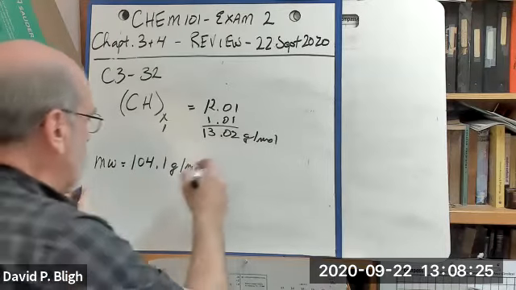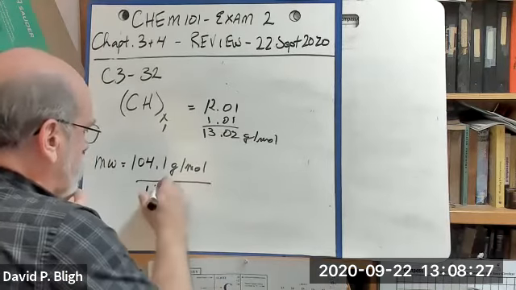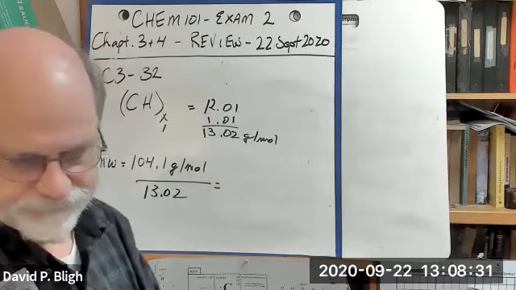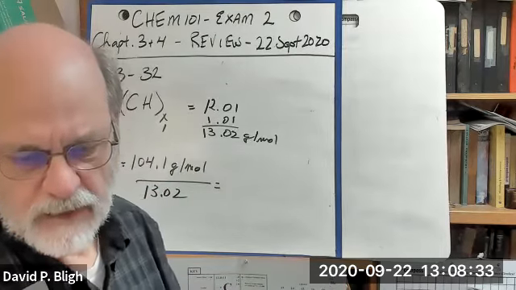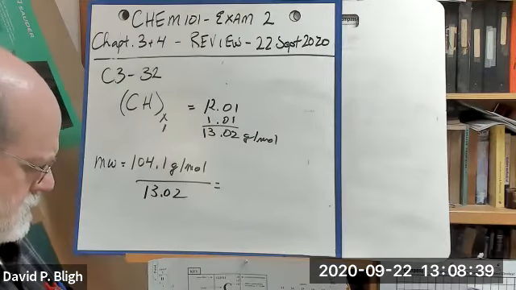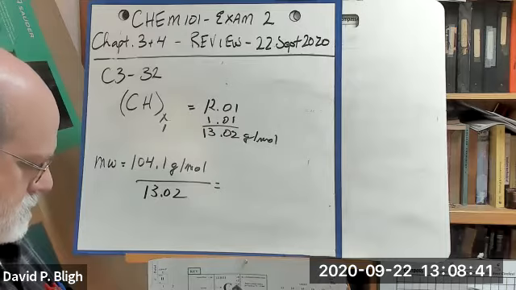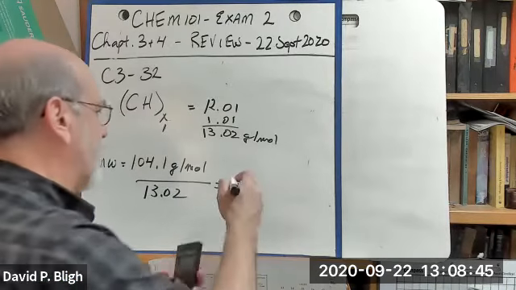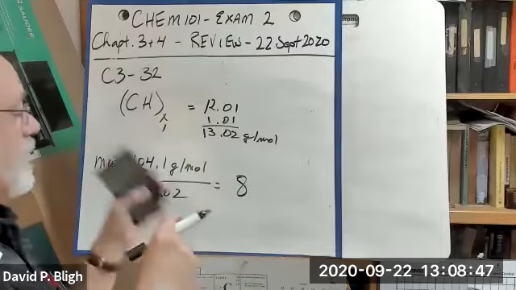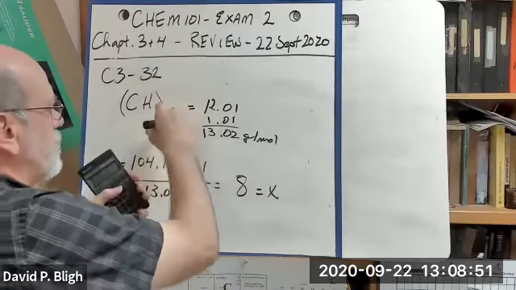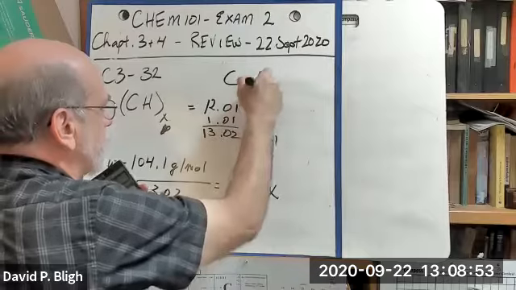So this one divided by this one is what? It's in the neighborhood of 8. 7.995. Okay, so that's your X. That means the formula is C8H8.